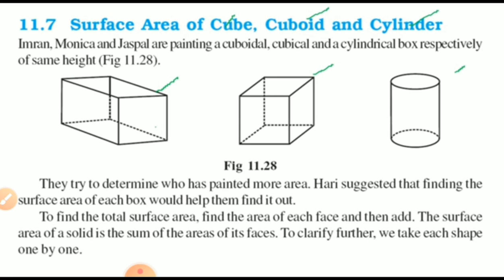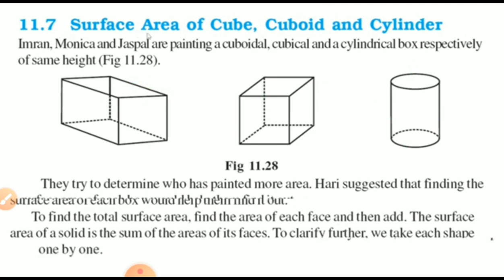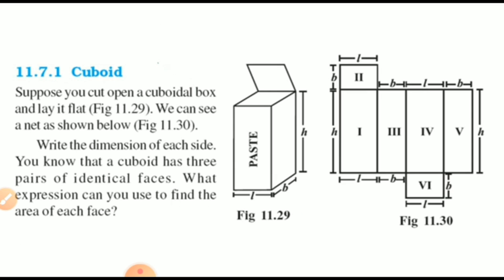If you want to color these 6 surfaces, you can find out the cost. Yes, my dear students, if you want to stick paper outside, it is also possible. Same for cylinders. Then we can find the outside area, not inside. Inside we can find the volume.